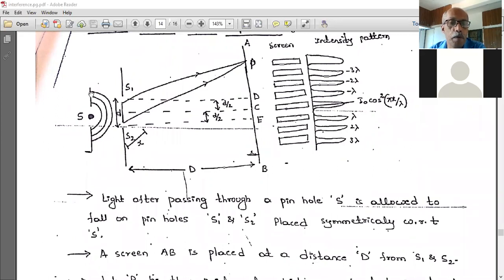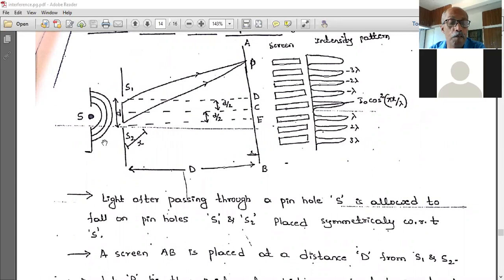and these spherical wavefronts will fall on the two pinholes of a screen. Let the two pinholes be S1 and S2, which are kept equidistant from the single slit S. These enlarging spherical wavefronts which are spreading out will fall on S1 and S2 simultaneously.